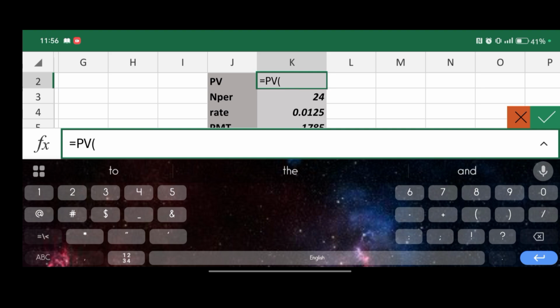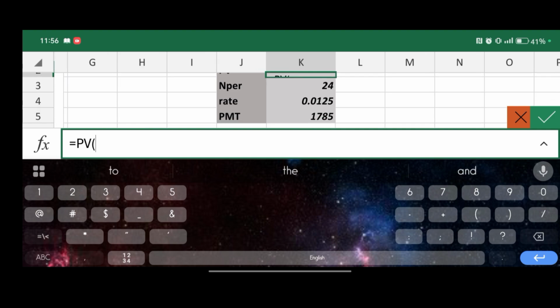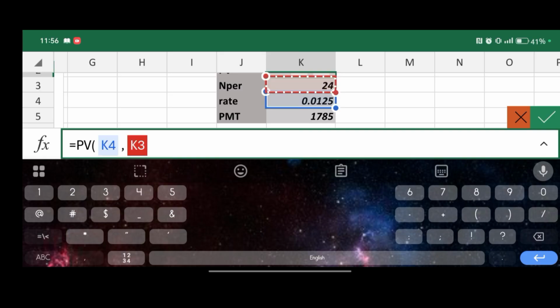Then tap the corresponding cells for first the rate, then comma, nper, comma, then the PMT. But take note that we should put a negative sign before the PMT in respect to the calculation system of Excel. So negative sign, then the PMT, then comma.